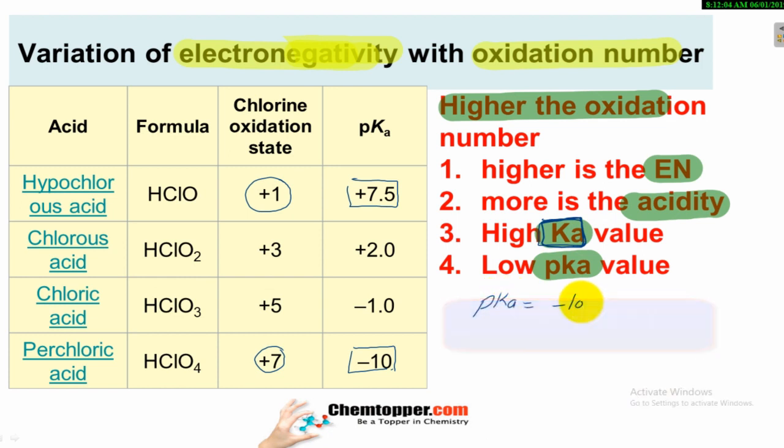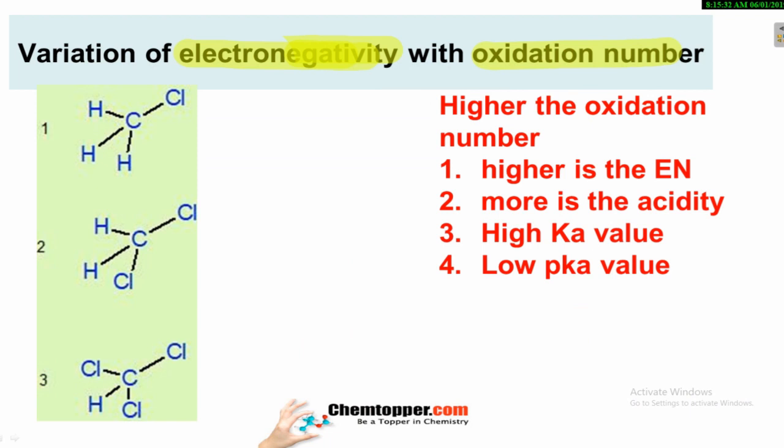Let us do one question based on difference in electronegativity due to difference in oxidation number in the given organic molecules. The question is, which hydrogen is the most acidic hydrogen in the given organic compound? We'll start with working out the oxidation number of the carbon atom in every molecule. In the first molecule, carbon is -2 in oxidation number.